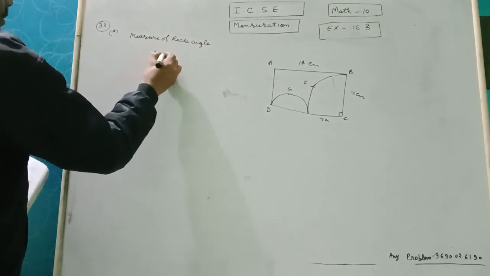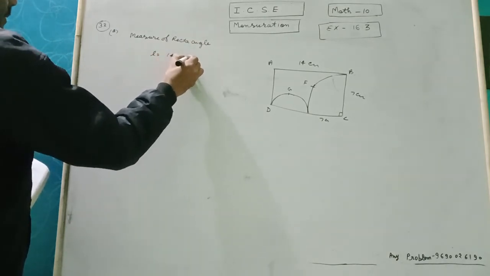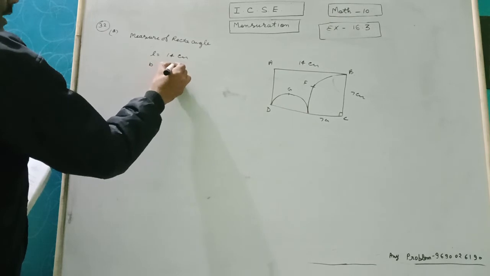L is equal to 14 cm. B is equal to 7 cm.